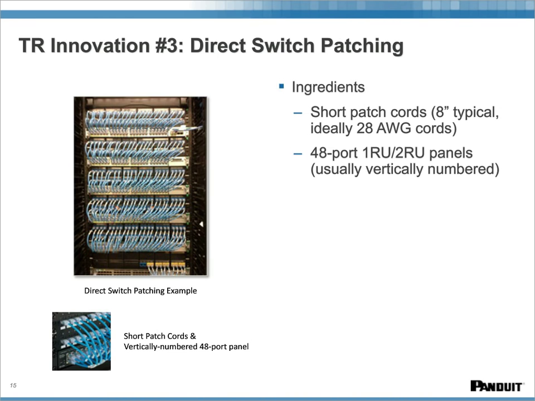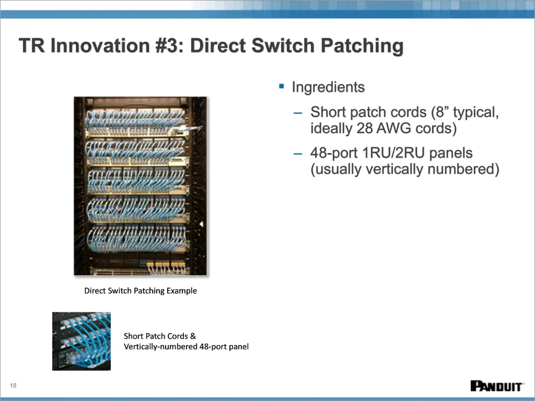The reason for that 28-gauge cord here is that we are putting, as you see in the lower left picture, cords directly above and below, running directly above and below, and we're counting on the fact that you can easily manage in that space. This is where the size advantage of those cords, being able to view the port numbers and get your fingers in between them, is where the 28-gauge cords really stand out.